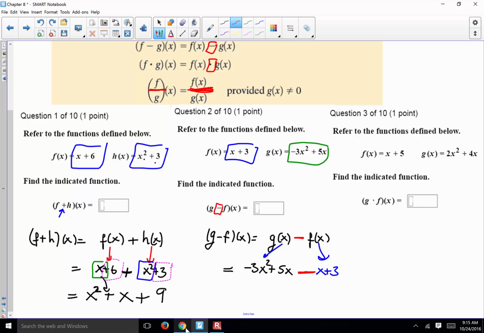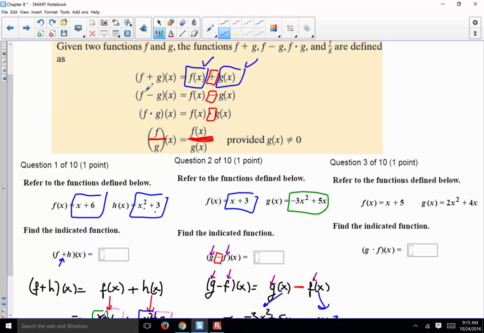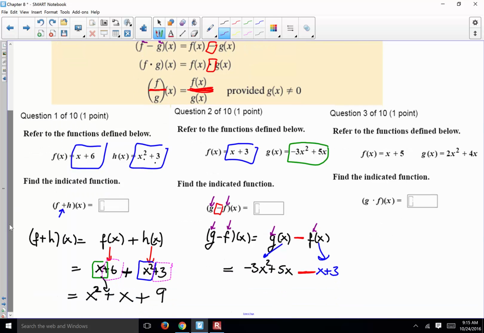No, we don't switch them because you use the order given in the question. G is first, F is next, so order matters. No, I don't have to switch them. So order is the same as in the question. So no mistake there. There's a mistake somewhere.